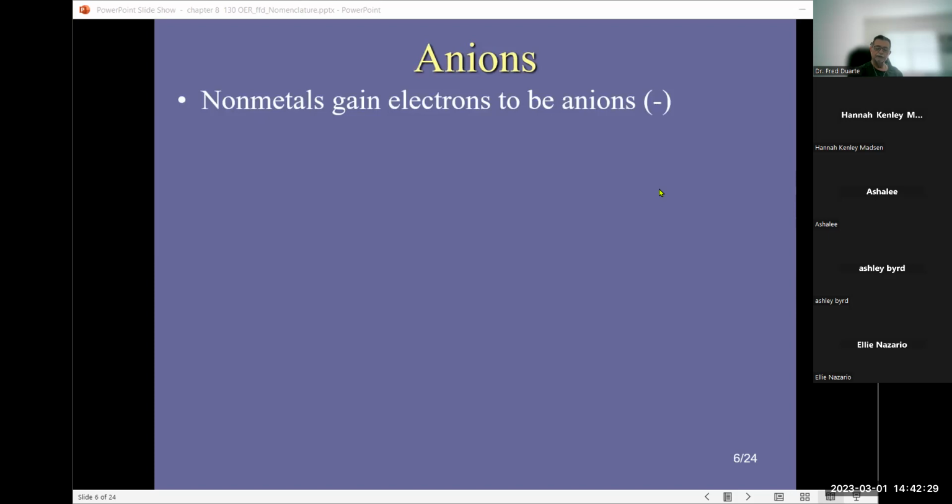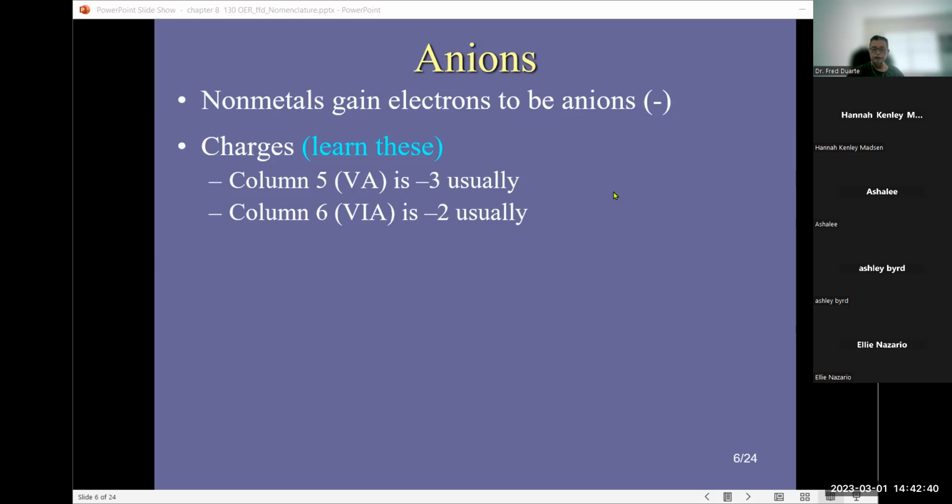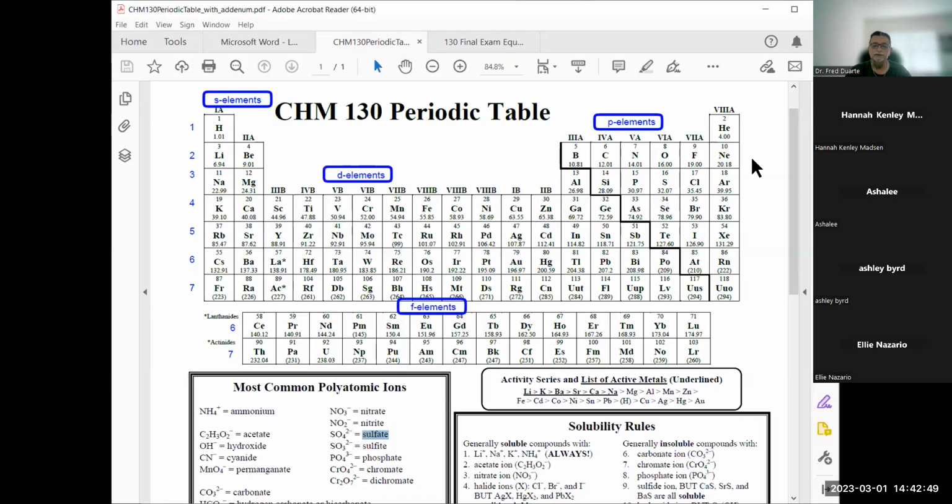Anions, to refresh your memory, are nonmetals that gain electrons and their respective charge: -3 for group 5A, -2, -1. Let me bring the periodic table back up. You can see here that most of the time we're dealing with these, which would be -3.